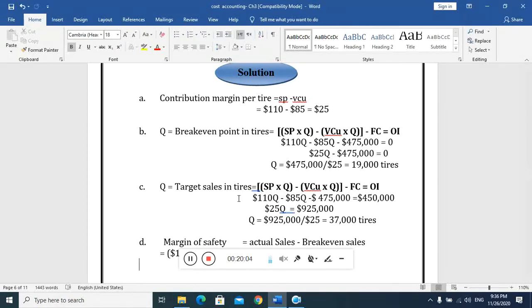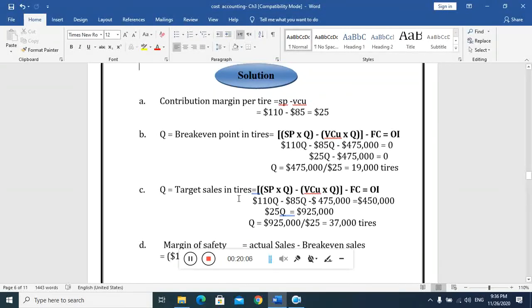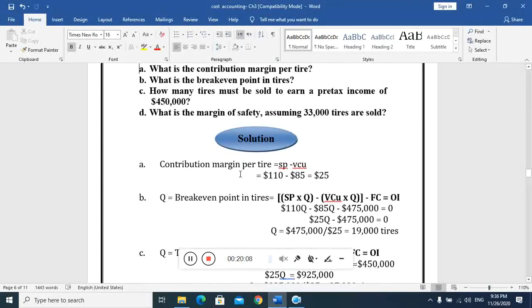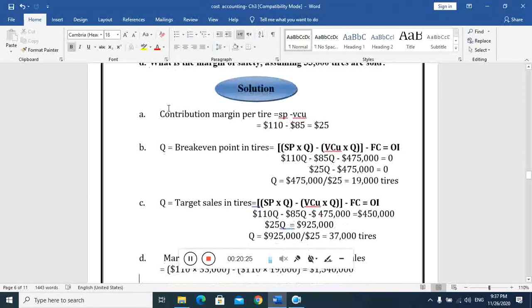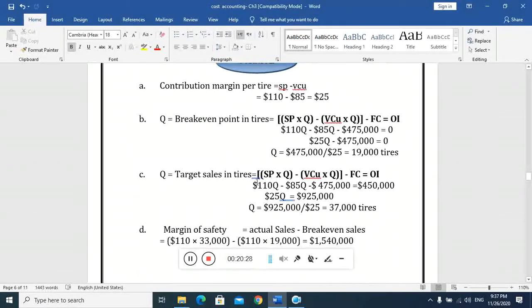He gave us in number C the target. How many tires must be sold to earn pre-tax income? He gave us the target income of $450,000, so we can use it to solve number C. Target sales will be selling price multiplied by Q minus variable cost per unit multiplied by Q minus fixed cost equals operating income.